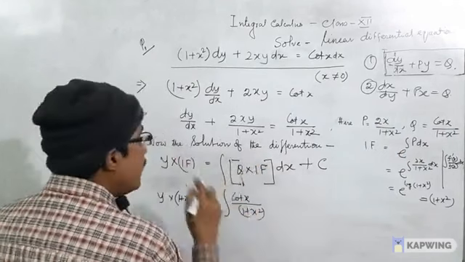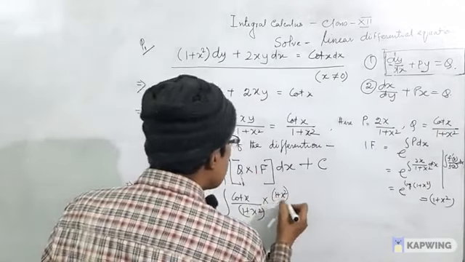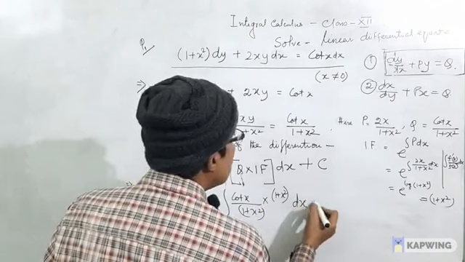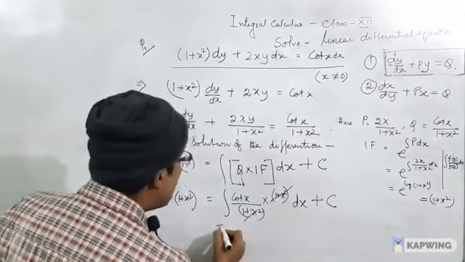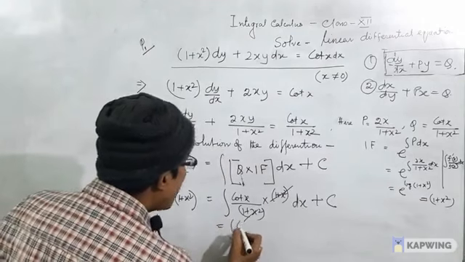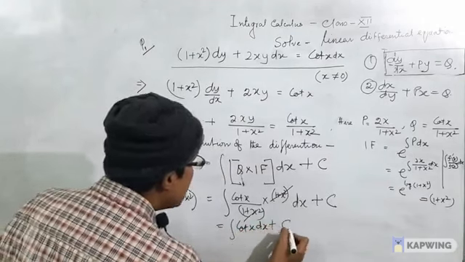Times the integrating factor 1 plus x square, dx, plus c. So this is equal to the integral of cot x dx plus c.